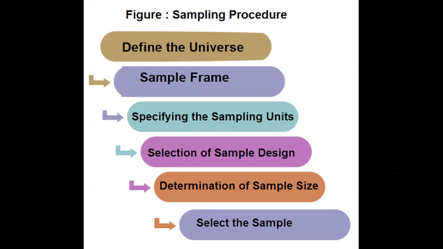Sampling design refers to gathering that particular sample in a technical way. And then comes the sample size, and finally the selection of the sample. We are going to discuss in detail what sample design is all about, and how we are going to gather it.